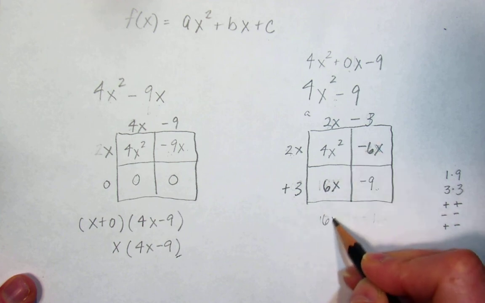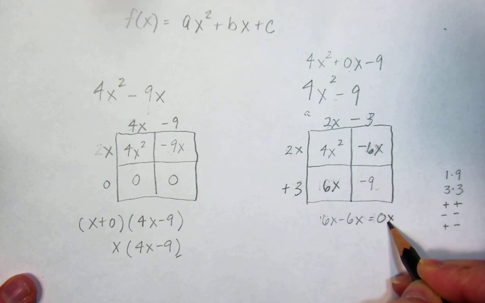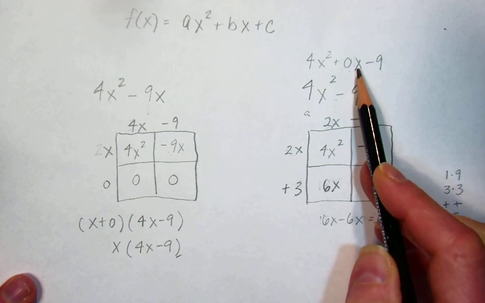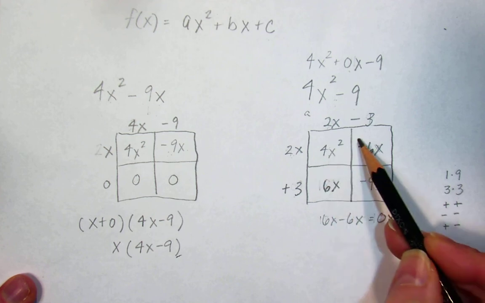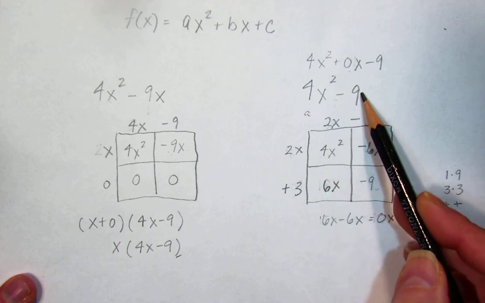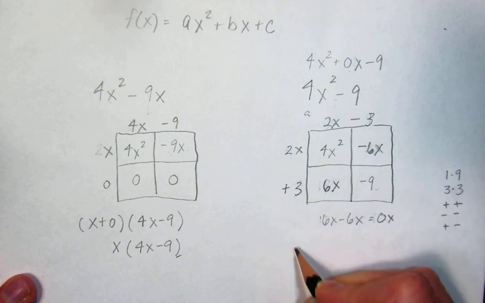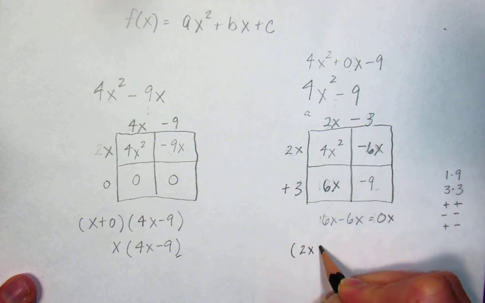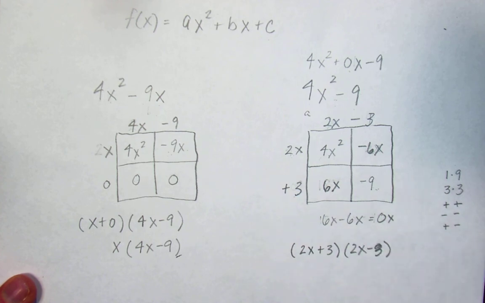What is 6x minus 6x? Isn't that 0x? Is that what you want? Yes, it is. So since I know that these combine together to make this expression, I know that the numbers that I chose on the outside are equivalent in factored form to what I originally started with in standard form.